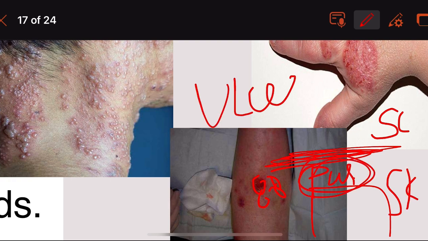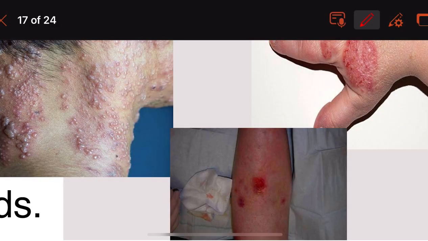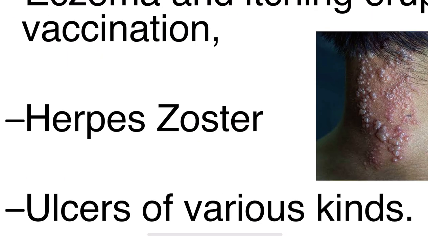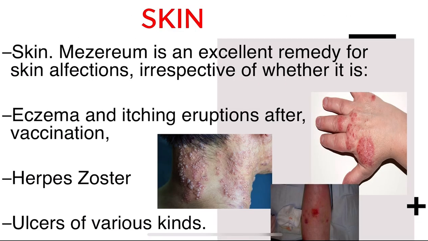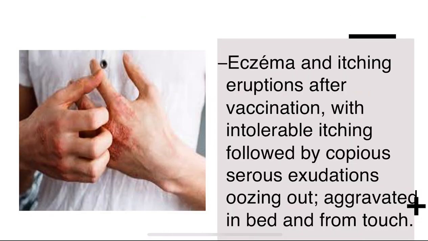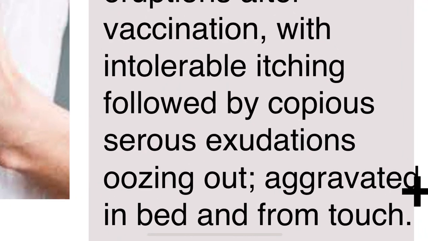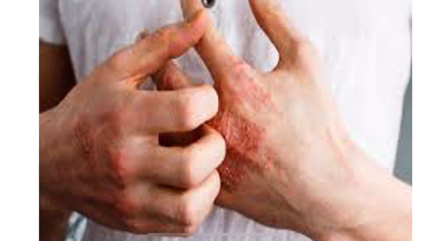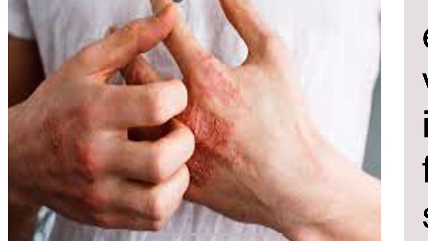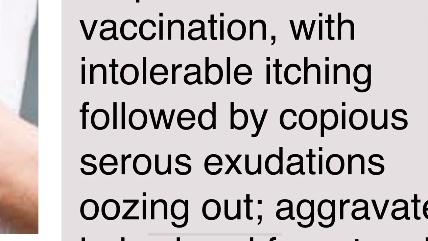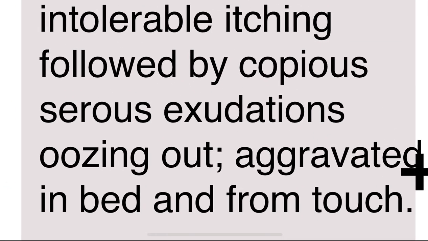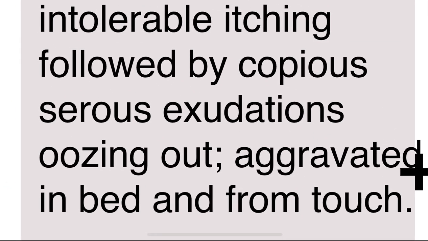And also we saw the ulcers. How were the ulcers? Thick whitish yellow scabs under which the yellow pus was collecting. Eczema and itching eruptions are seen especially after vaccination, with intolerable itching followed by copious serous exudations oozing out.